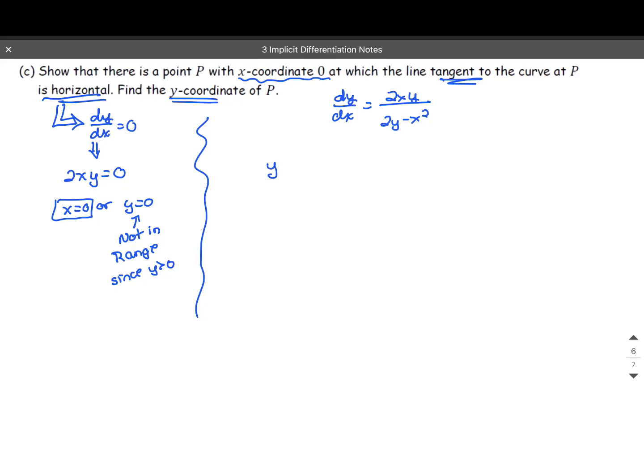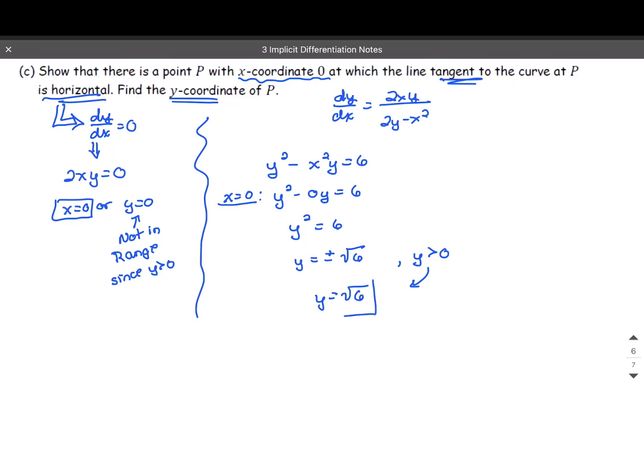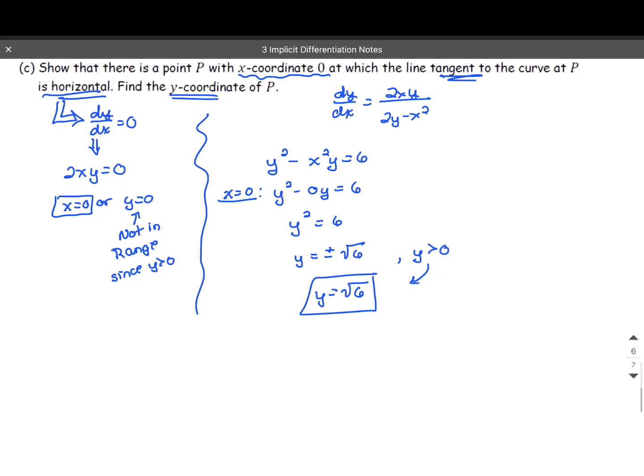So we're going to take the function they gave us, y squared minus x squared y equals 6, and we're going to let x be 0 so we can find the matching y value. y squared minus 0 times y equals 6. So y squared equals 6, which means y equals plus or minus radical 6. However, we know that y has to be positive, so y is the square root of 6. All right, 3 out of the 4 parts done.